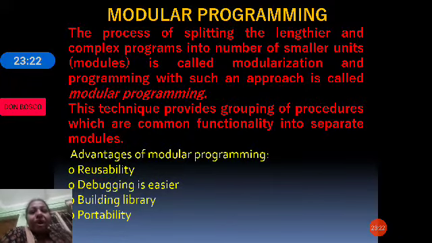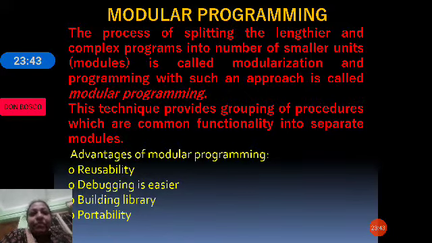So how is it helpful to us? This technique helps in grouping the procedures. As we know, a procedure is a small program, so we can collect many procedures into one module.